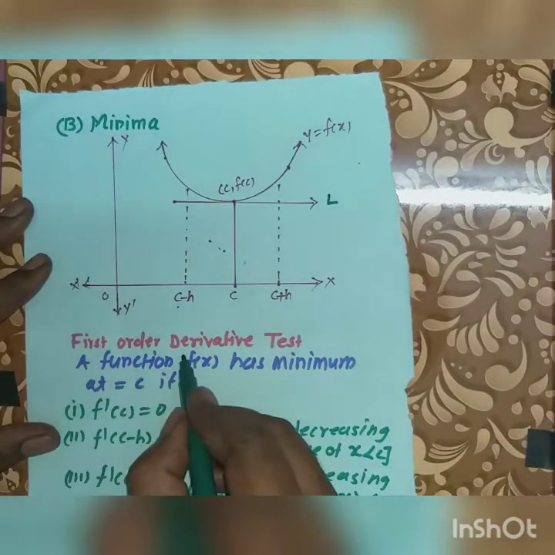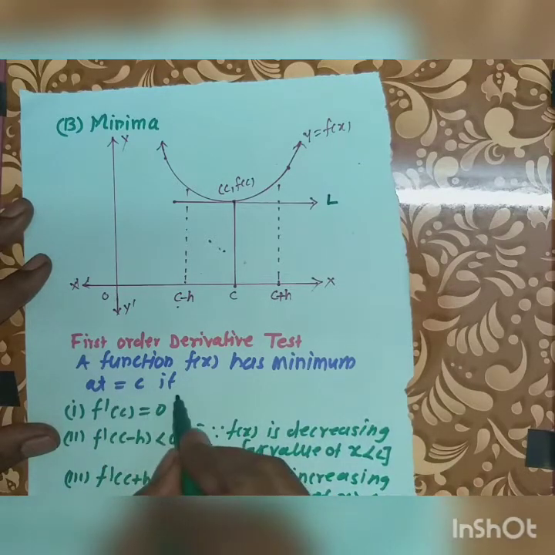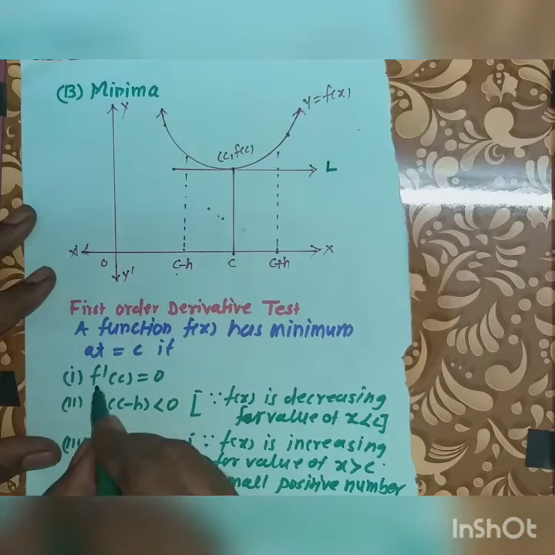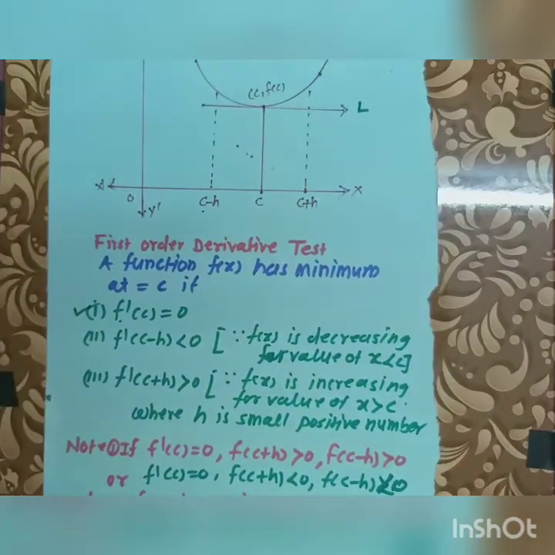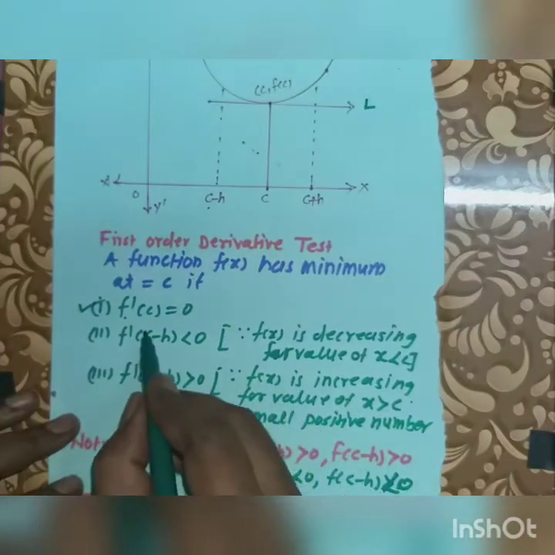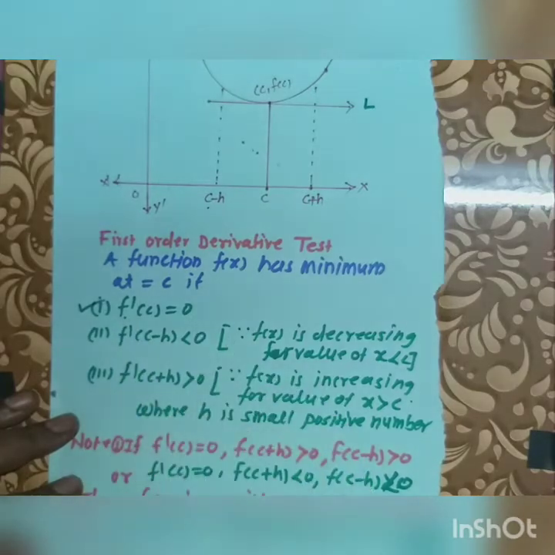The first order derivative test: a function f of x has a minimum at x is equal to c if f dash of c is equal to 0. The first condition is the same for both, because the tangent is parallel to the x-axis, its slope is equal to 0, that means the derivative at that point is equal to 0.